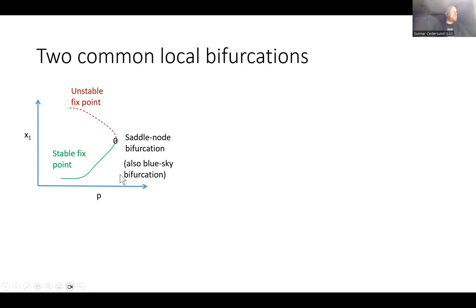And then suddenly, out of nothing, no warning whatsoever, out of the blue sky, you have a stable fixed point. So the model is actually turning towards some kind of reasonable behavior in this area. Or from the other point of view, you're moving happily along, and suddenly you lose all your stability. That's why it's called the blue sky bifurcation. So that's one of the most common ones.